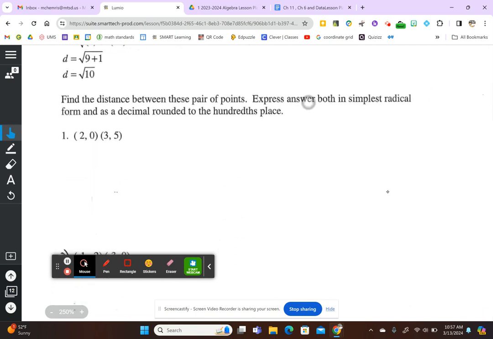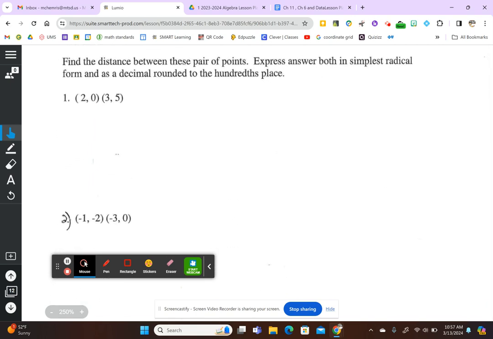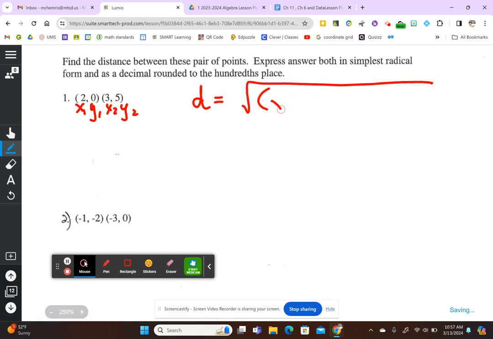So now let's try to do another one. So again, I label this x sub 1, y sub 1, x sub 2, y sub 2. I write that the distance is the square root of the difference in my x's squared plus the difference in my y's squared.